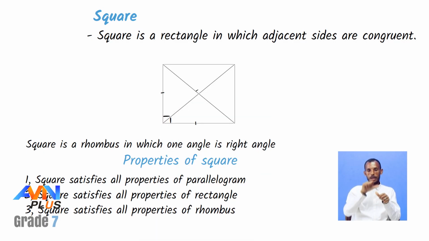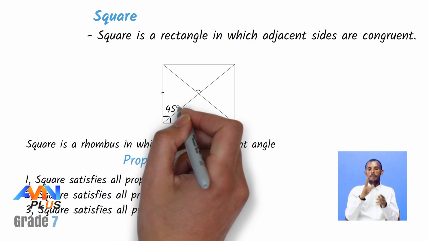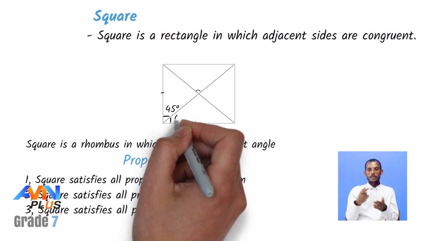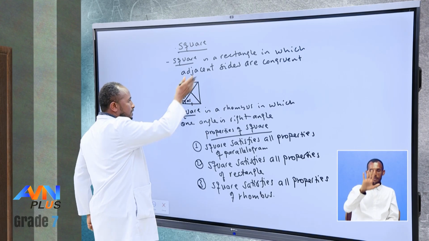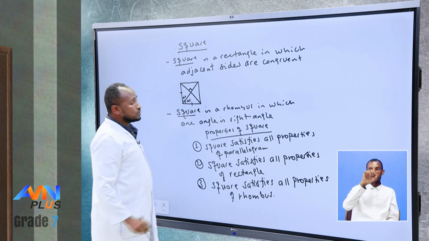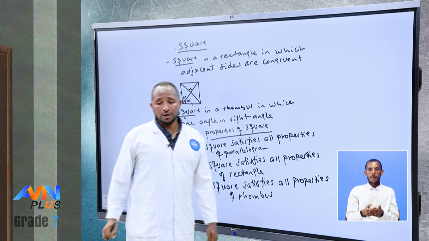The angle will be bisected by the diagonal, so this angle will be 45 degrees, and again this will be 45. These are all the properties of a square.